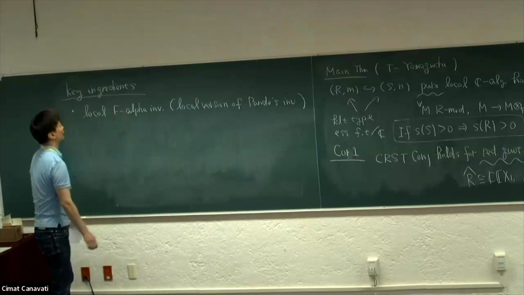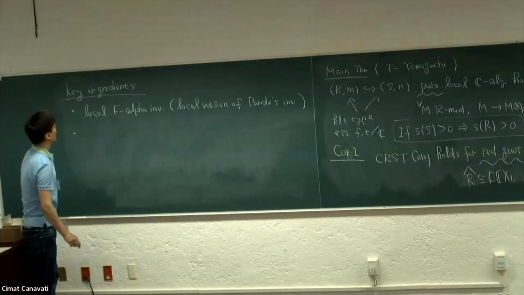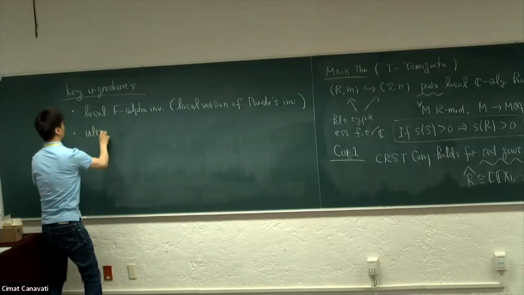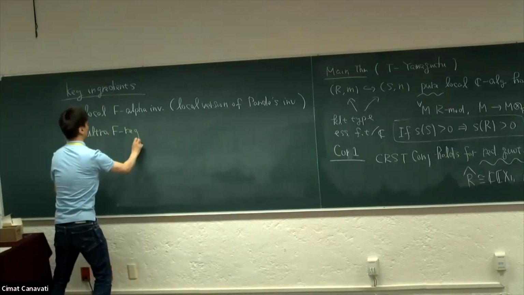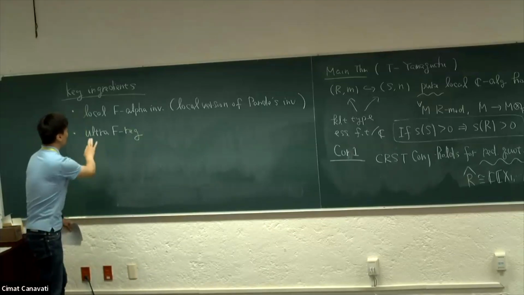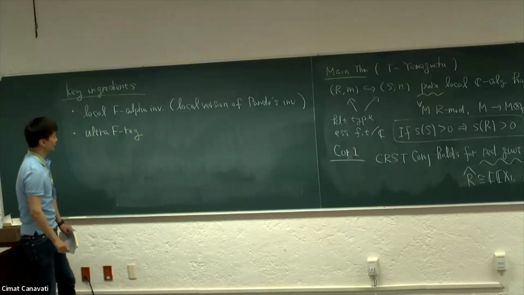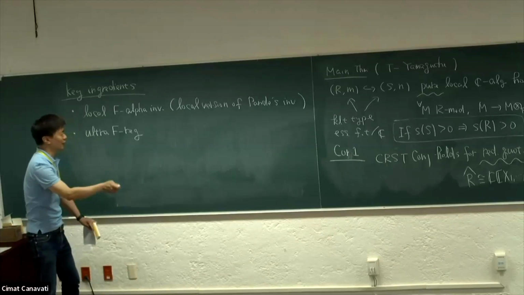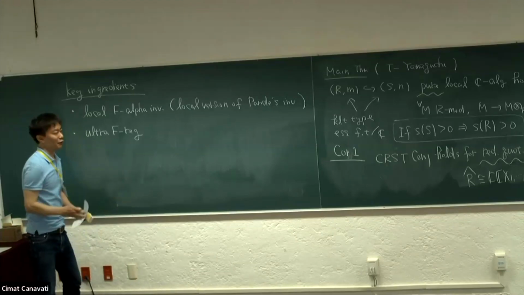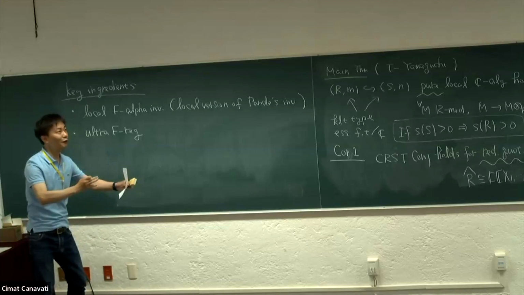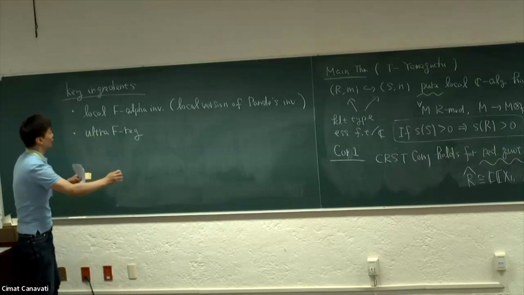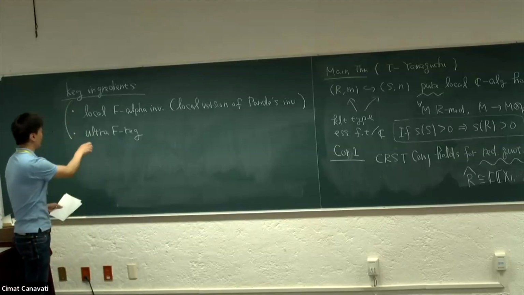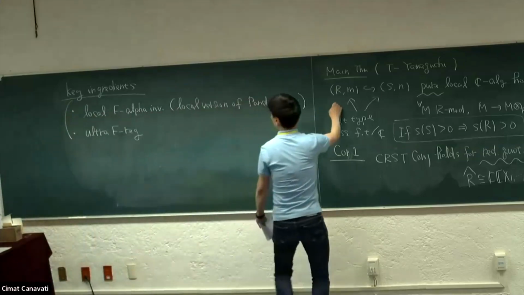And the second key ingredient is ultra F-regularity, a notion of singularity in characteristic 0, defined in terms of ultraproducts, that is, Schoutens' ultra F-regularity using ultra-Frobenius. I will explain later, but these two are key to the proof of the main theorem.